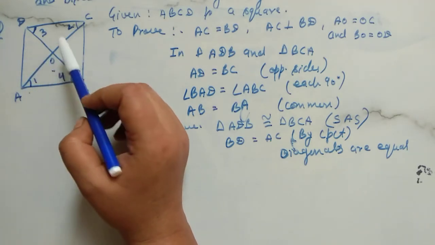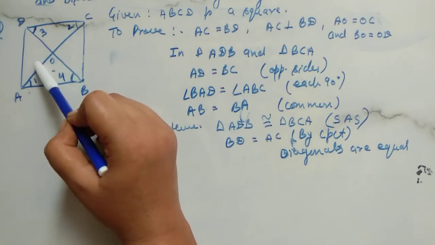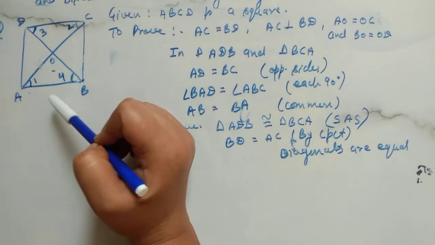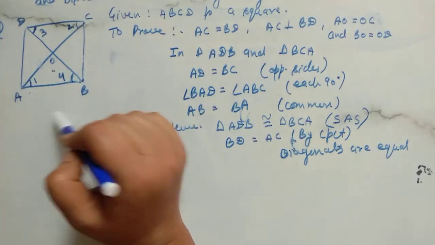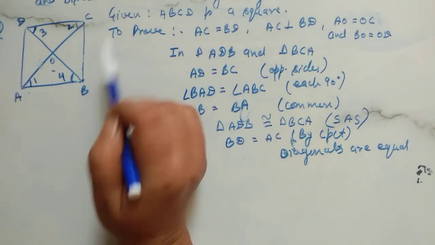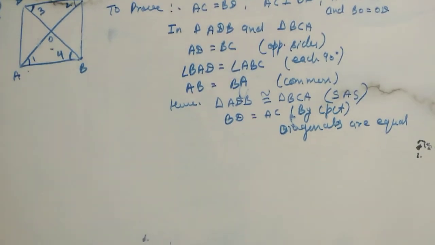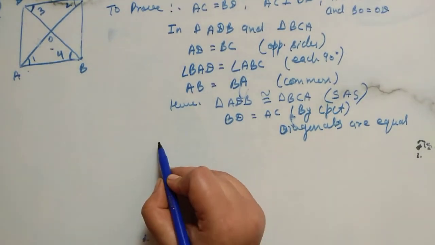Now see, in these two triangles we have proved these two things are equal. This one is common, and because it is a square, all sides are equal. So by SSS, both triangles are congruent. Just see how we will prove it.